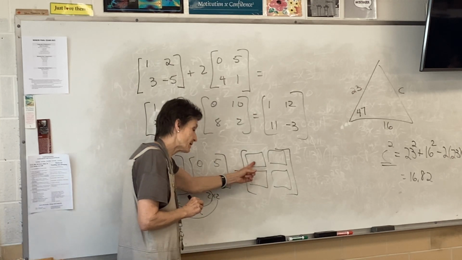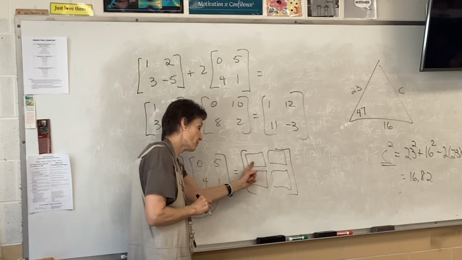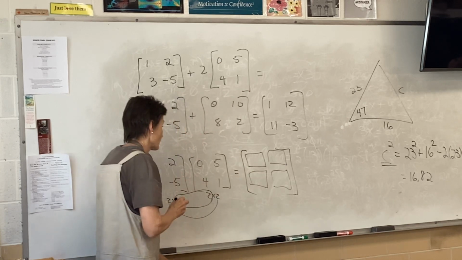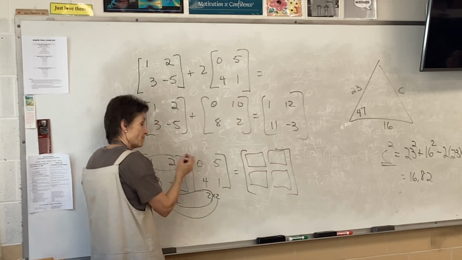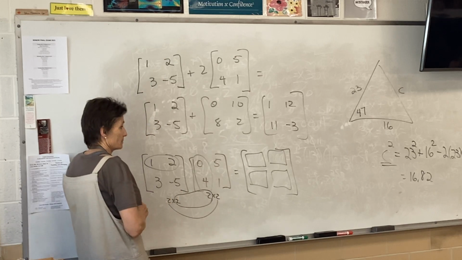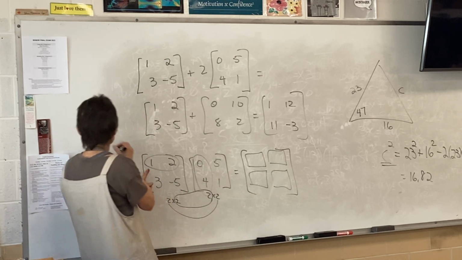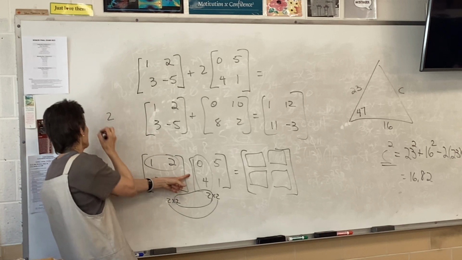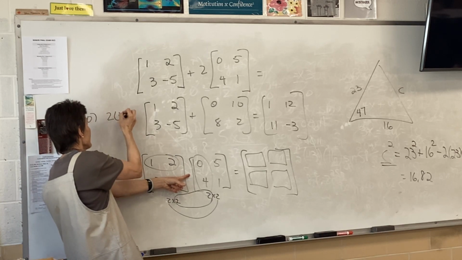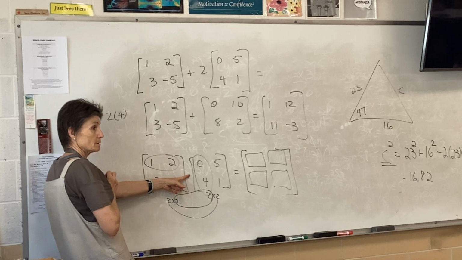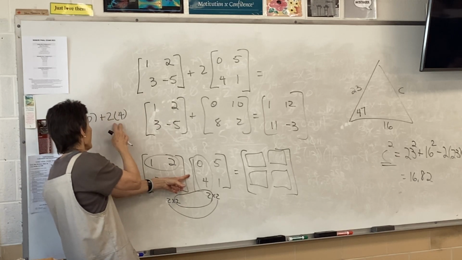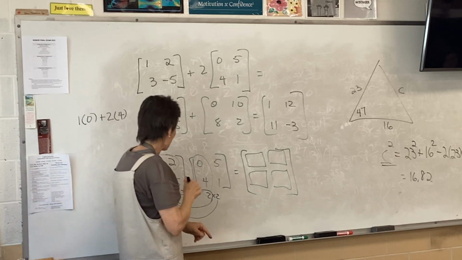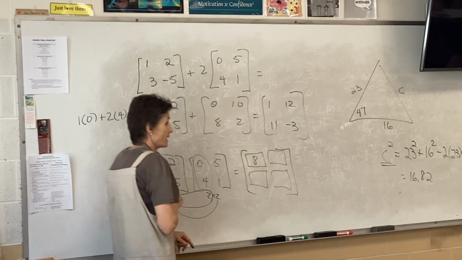So how do we find that number right there? Row 1, column 1. So we take row 1, which is 1, 2, and we match it up with column 1, which is 0, 4. We multiply each pair and add them together, so this number is an 8.